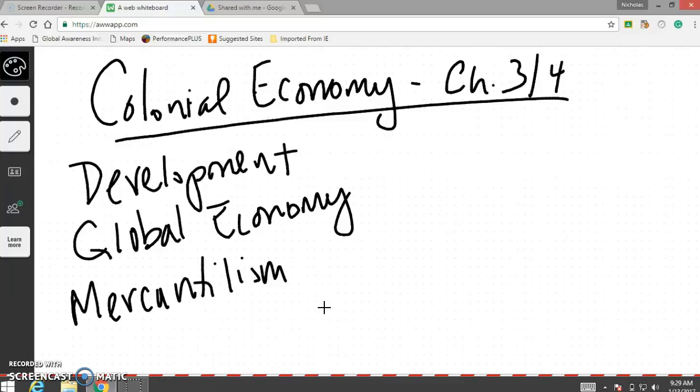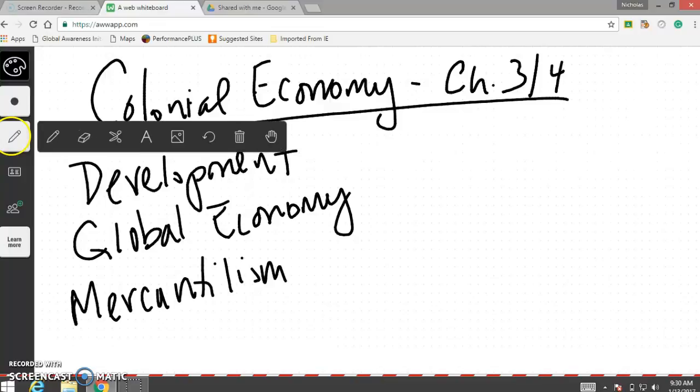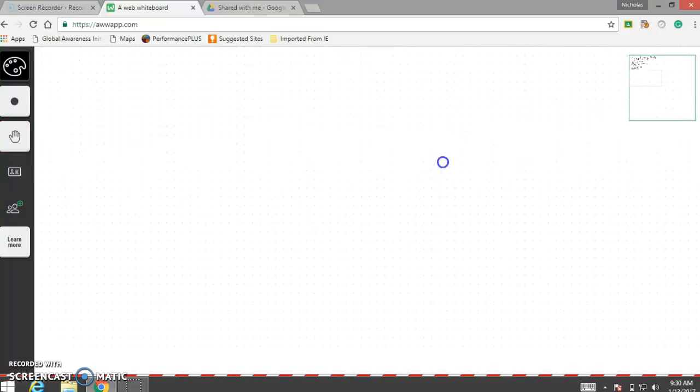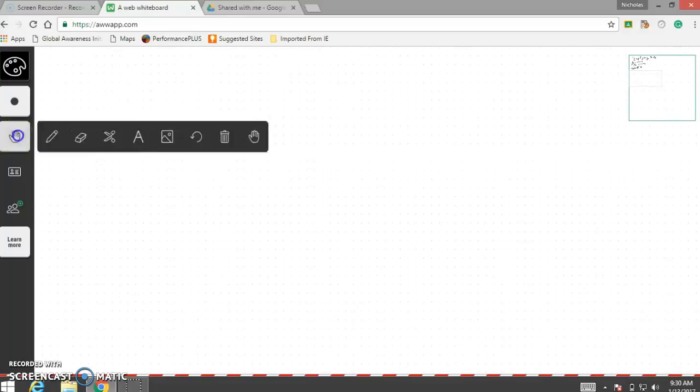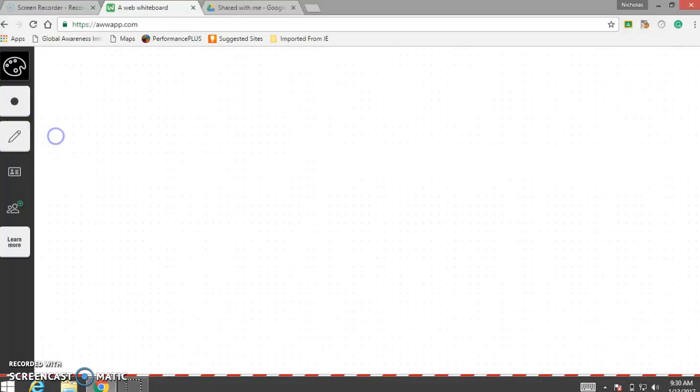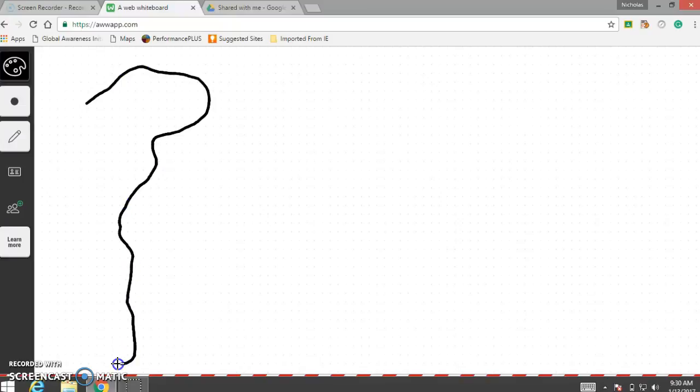Okay, so let's talk a little bit about, first of all, the different kinds of economies in the colonies and then the global economy altogether. All right. So first, when you think about our colonies, there were 3 colonial regions. And again, let me draw a terrible map of North America. So we got Maine, Florida.